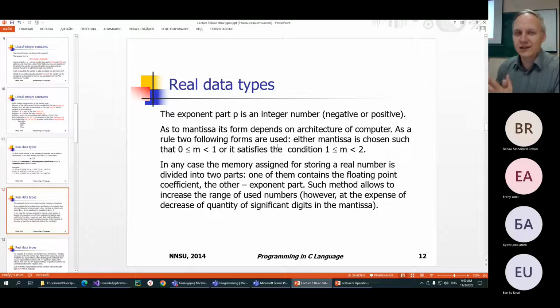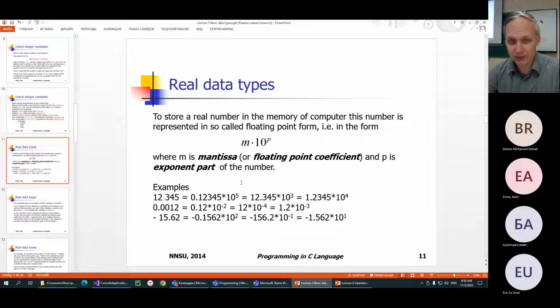Again, I don't want to go into other details, but of course these examples that I write for you here are examples with decimal numbers. In computers, the situation is exactly the same, but with binary numbers.